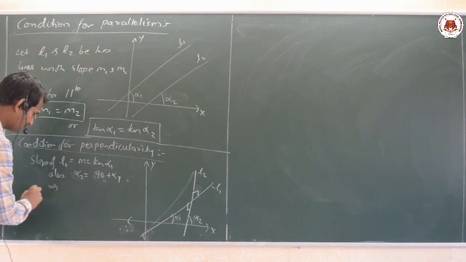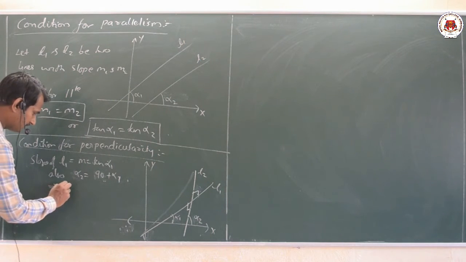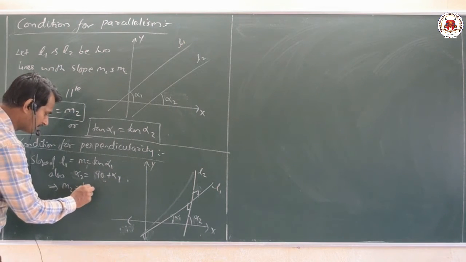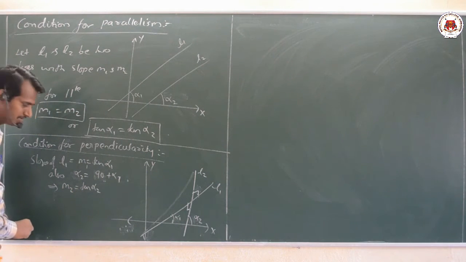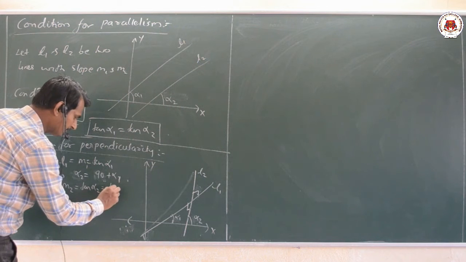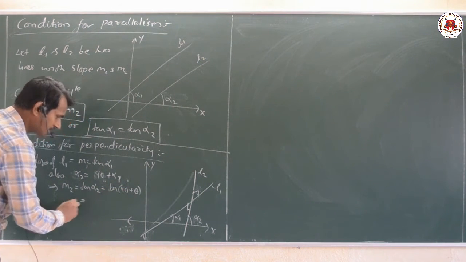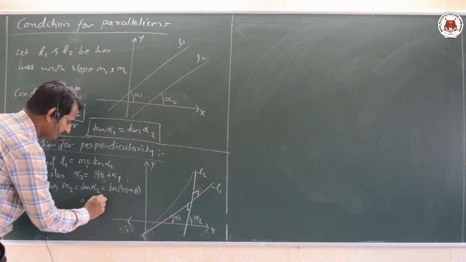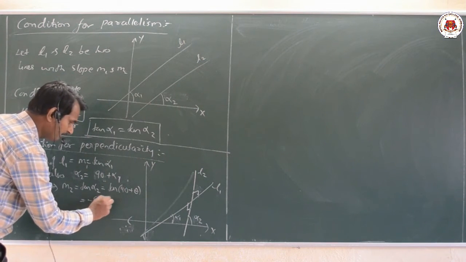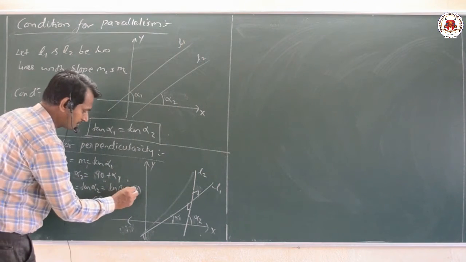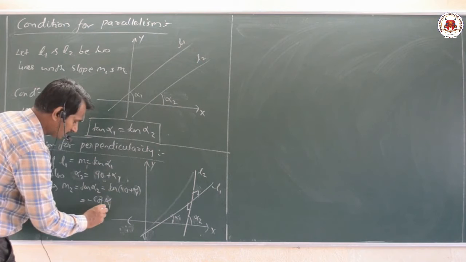That implies the slope m2 is equal to tan of alpha 2, the slope of the second line, that is tan of 90 plus theta. Tan of 90 plus theta comes in the second quadrant, so it is minus cot of theta, where theta is alpha 1, that is minus cot of alpha 1.